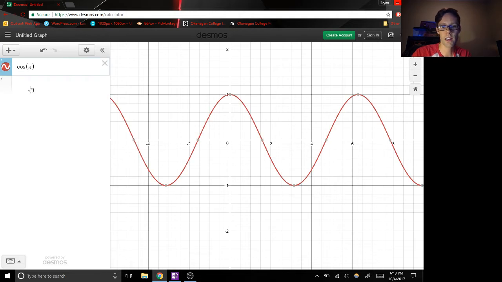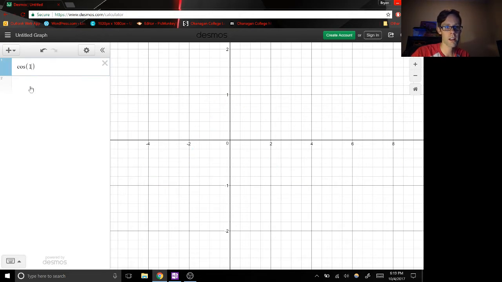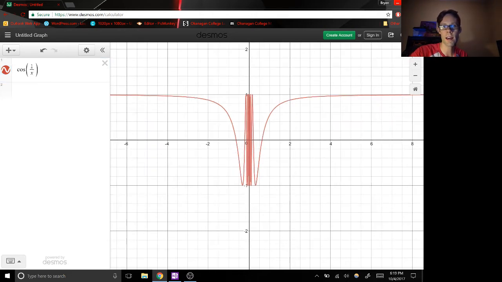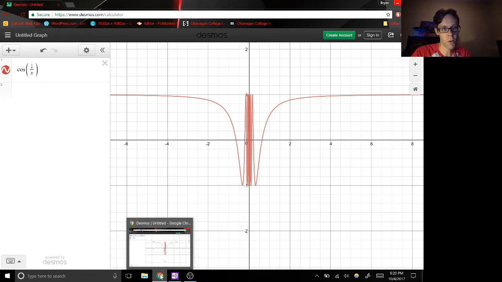Hopefully you can convince yourself by plotting this in Desmos, or just knowing that when I do some action inside the cosine function, it doesn't change the y values. It changes the period in some sense, really crunching everything close to 0. But notice that my smallest y value is still -1 and my largest y value is still +1.